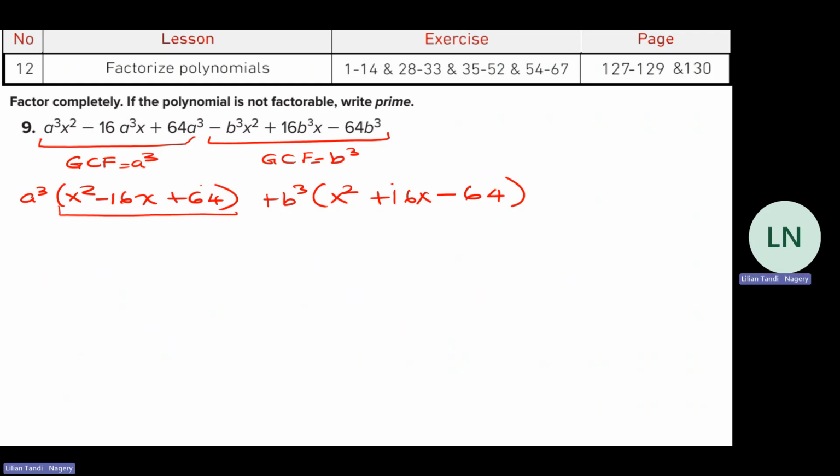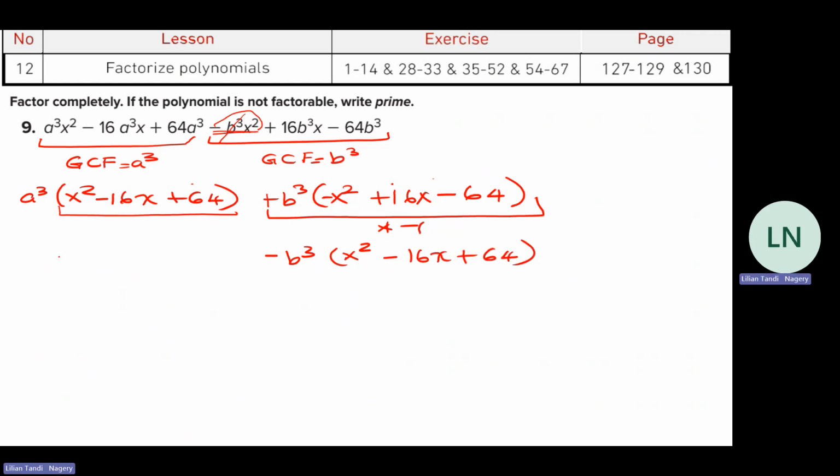So these two brackets are not the same. Make them the same by multiplying by negative 1, you have negative b cubed. Oh, I forgot this. See, this was negative. So this negative was with x squared. So now negative times this makes it x squared, then minus 16x, then plus 64.